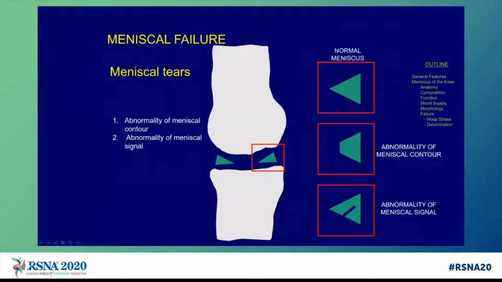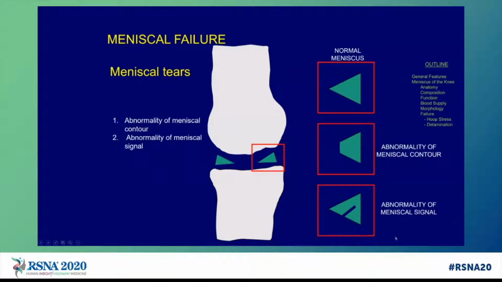The first criterion of a tear is abnormal meniscal contour, shown here. The second is abnormality of meniscal signal. With regard to abnormality of meniscal signal, we require intermediate or high signal that violates this surface at the bottom, this surface at the top, or the tip of the meniscus, but not the periphery.